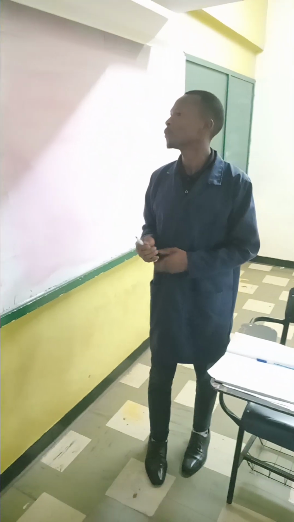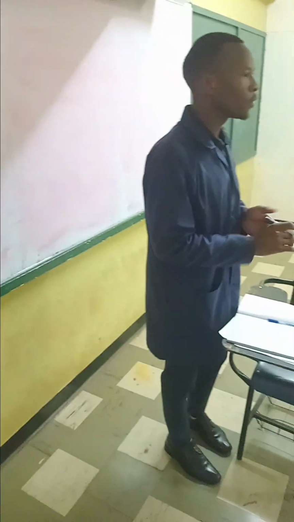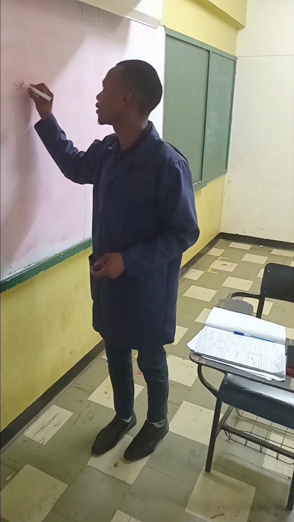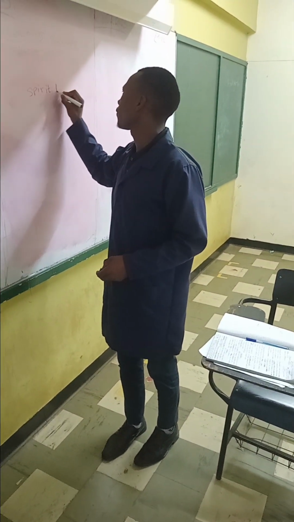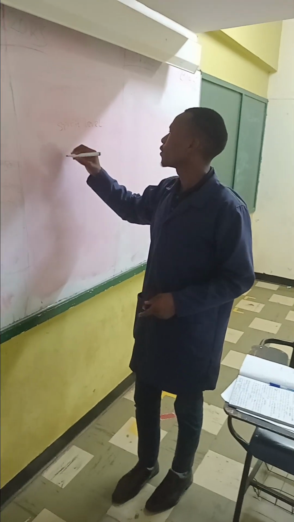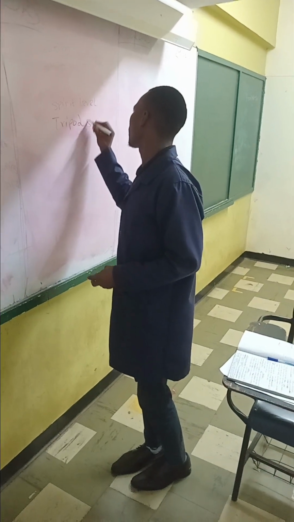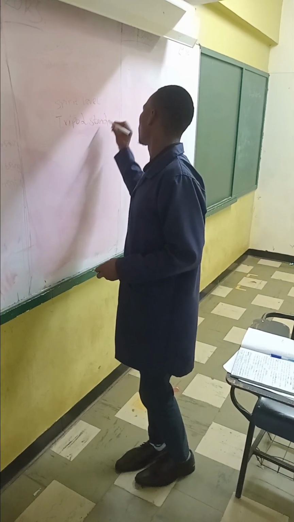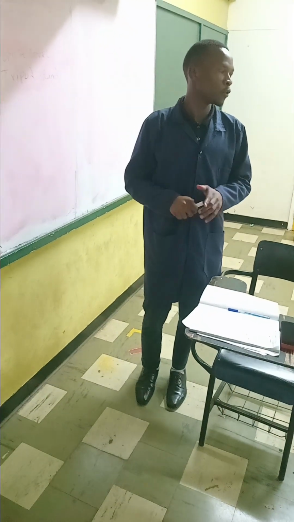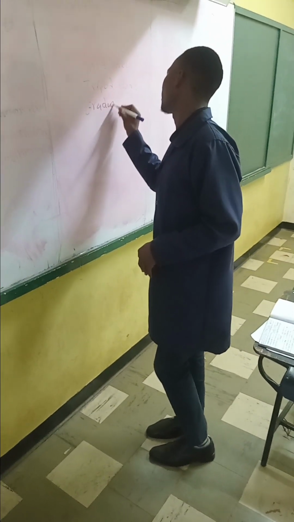First, we have several parts of a dummy level. A dummy level has the spirit level, a tripod stand, and it also goes hand in hand with the graduated staff.